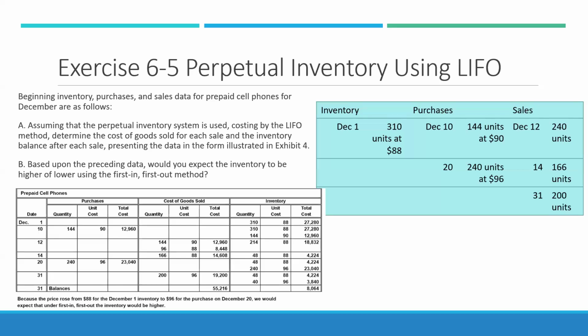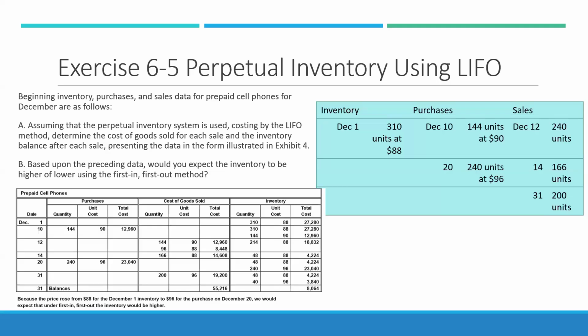And then we have a purchase on the 10th of 144 units at $90. Then we have a sale on the 12th of 240 units. And so that 240 units is going to use up all of the inventory purchased on the 10th because that's 144 units. And then it's going to use up 96 of the initial inventory.